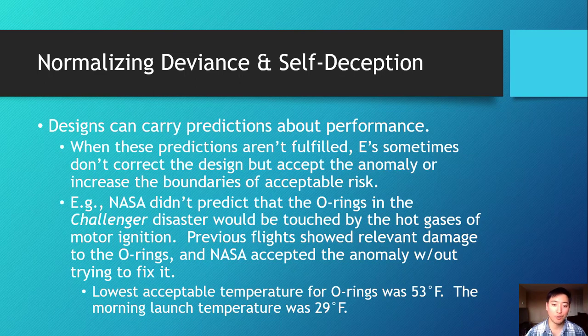That day they said, oh, well, 29 degrees Fahrenheit, let's say that's acceptable risk, and let's keep going on our way. So here we can see how these kinds of actions, when we see aberrations and anomalies in what's expected, are problematic. Engineers should put in the extra work to try to fix the problem and look deeper into it.